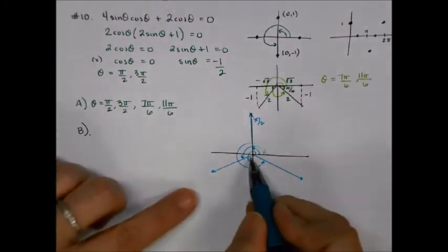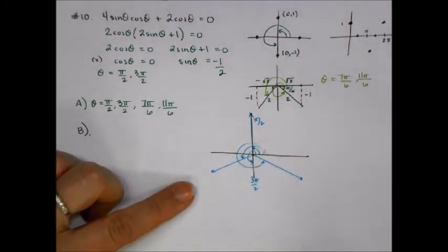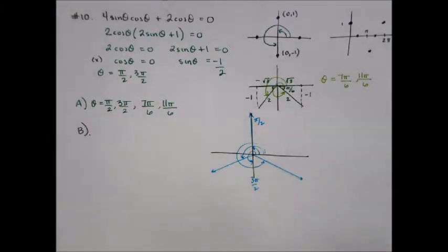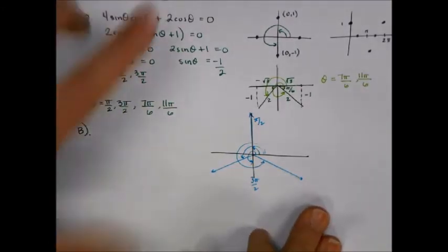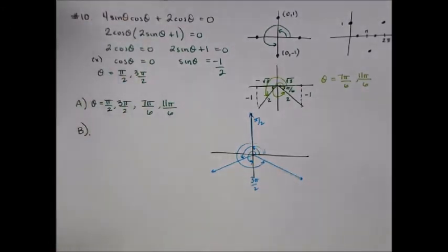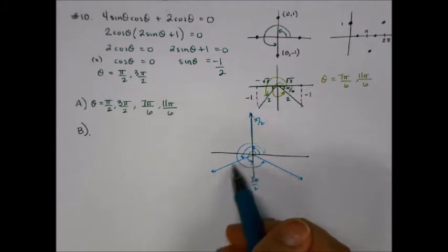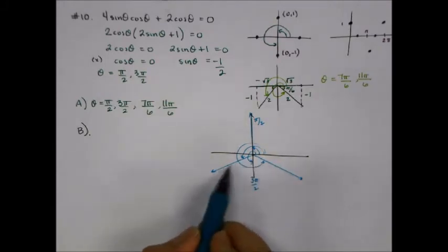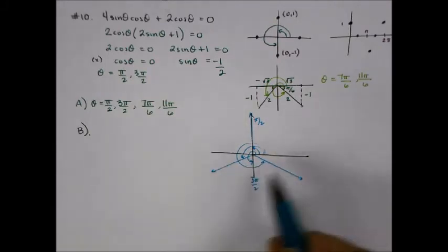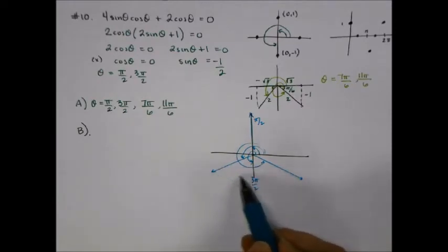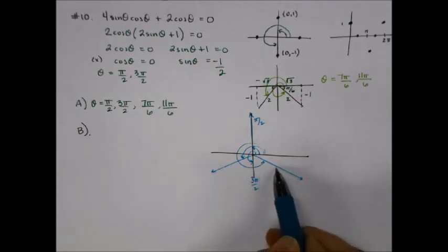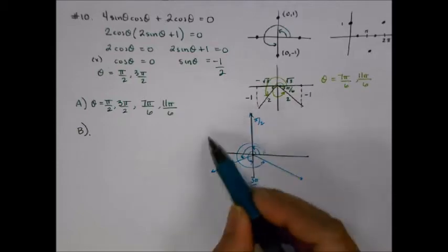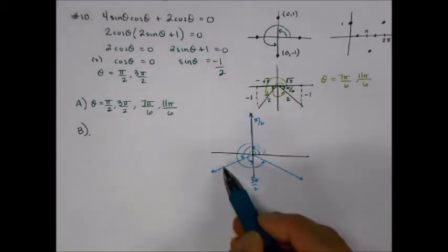All right, so unfortunately, like last time we had the two angles that were right across from one another, so I could just use one and always get to the other and back and forth. Here, you can't do that with 7 pi over 6 and 11 pi over 6 only, because the distance between them is not the same as it is from 11 pi over 6 back around. So I can't just write one equation with those two.